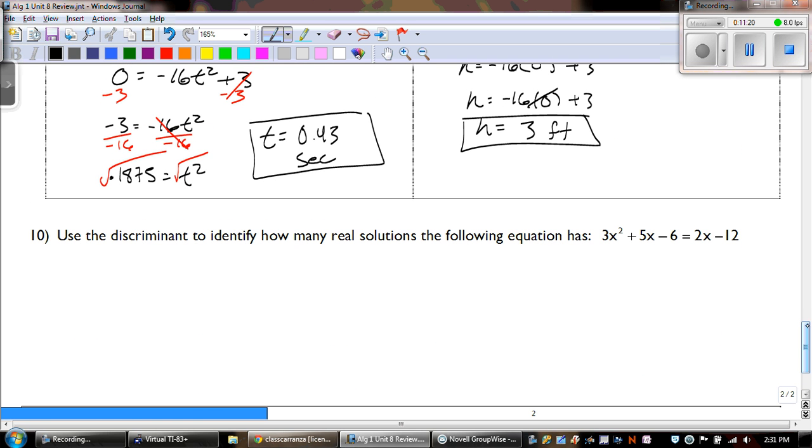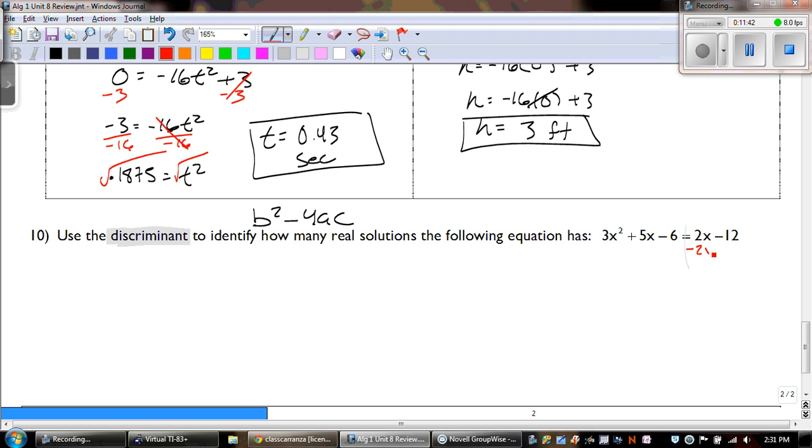Okay, and the last one says use the discriminant to identify how many real solutions the following equation has. Remember, the discriminant is that part underneath the square root, which is the b squared minus 4ac. So to do that, I need to have this equation equal to 0.